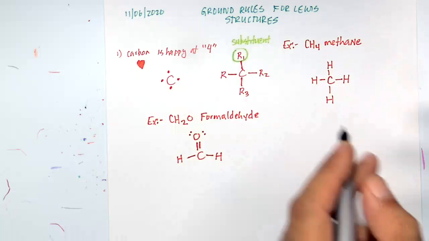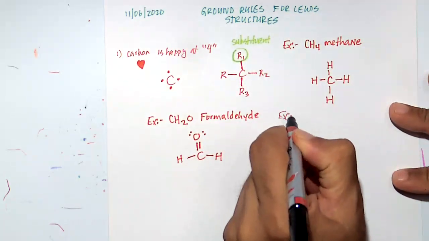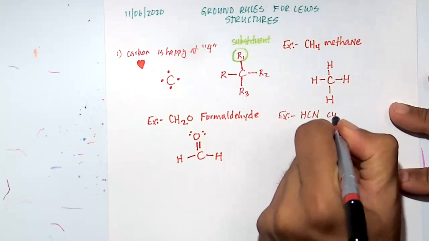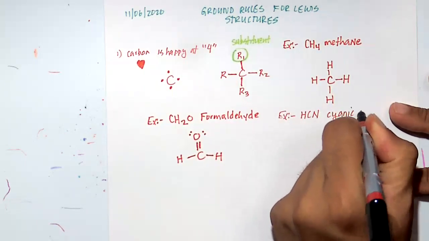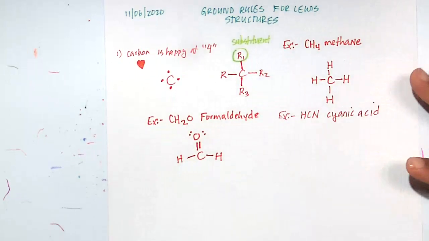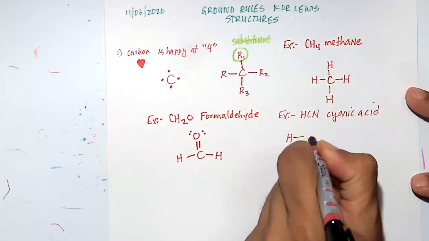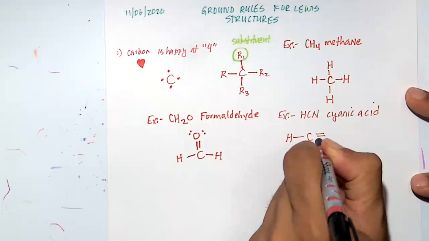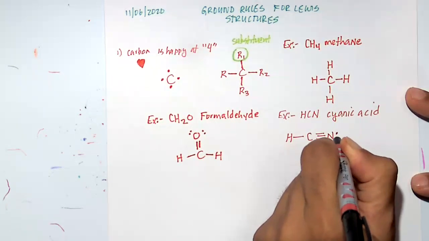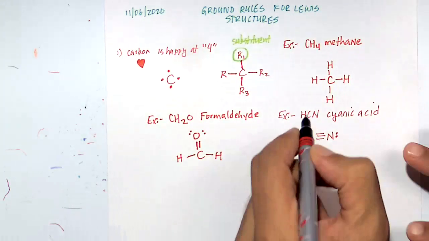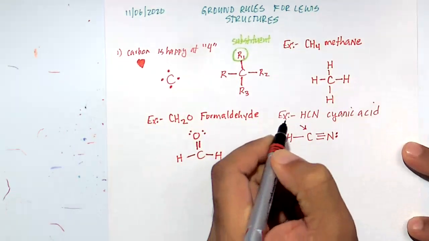Let me give you another example. This is called cyanic acid, HCN. It's going to be H, single bond C, triple bond N. Again, don't worry about the H and the N. I just want your attention focused on the carbon.